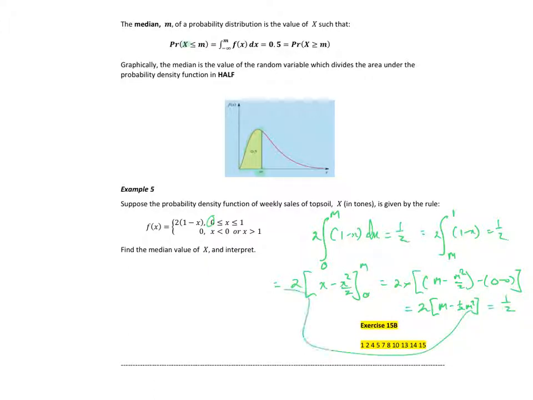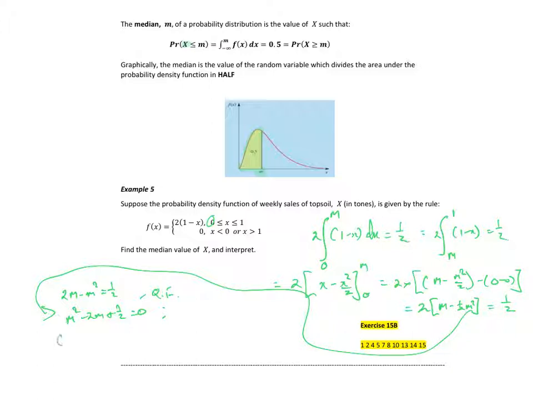Let's bring that across here. So if I multiply that 2 through, I'll get 2m minus m squared is equal to a half, which means m squared minus 2m plus a half is equal to 0. Using my CAS there, or the quadratic formula, or completing the square.